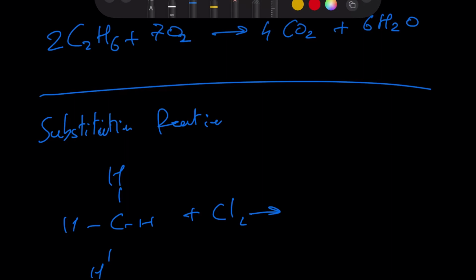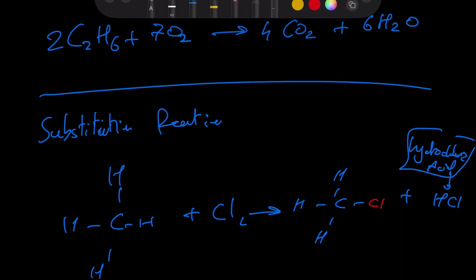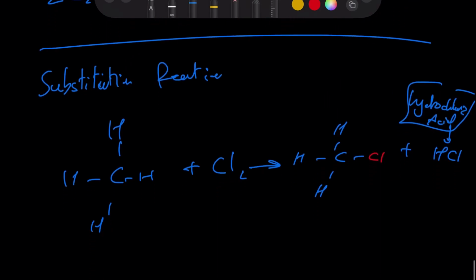Very simply, one chlorine atom will replace a hydrogen atom. What's remaining? Chlorine, and it will react with the other hydrogen. What is that? Hydrochloric acid. Very good.